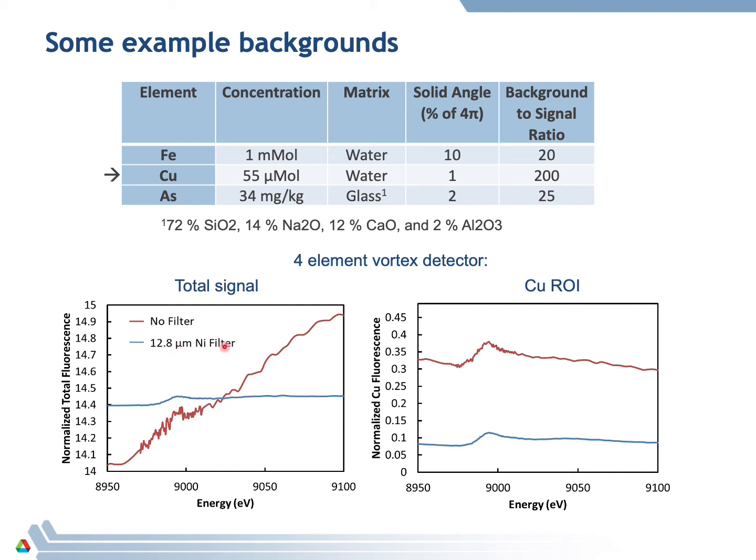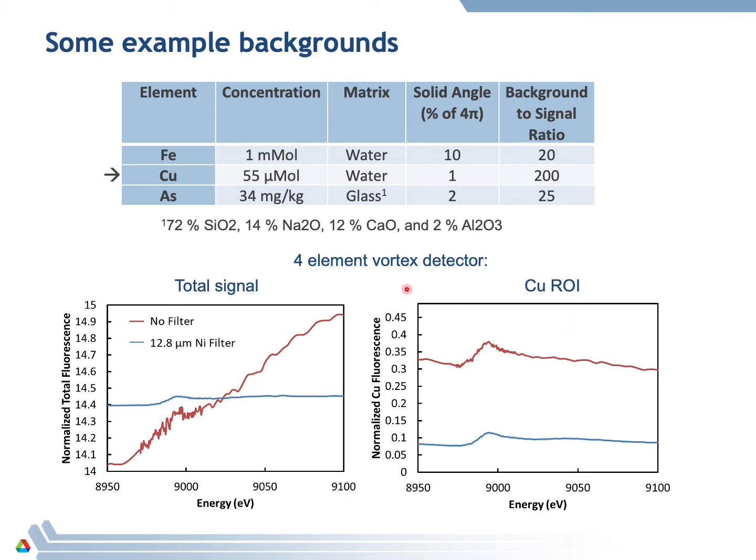If we put a filter and slits in, and we measure the total signal, we do get quite a bit of improvement. But if we look at just the copper signal from the Vortex, even without the filter, we can now see the edge because the detector is rejecting a lot of the background.